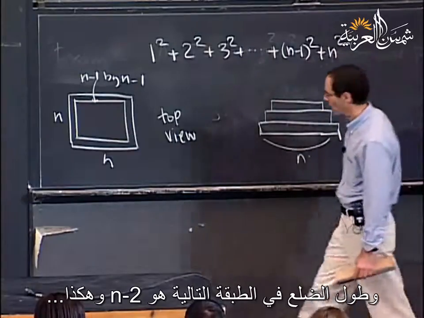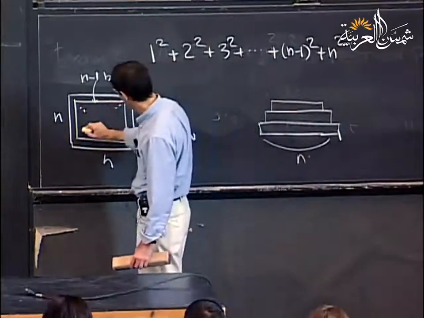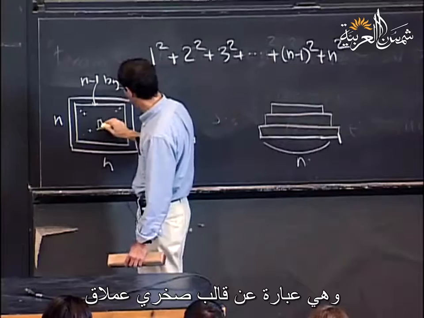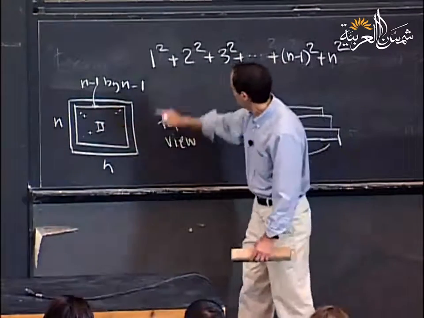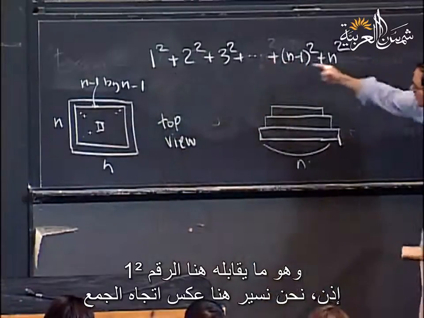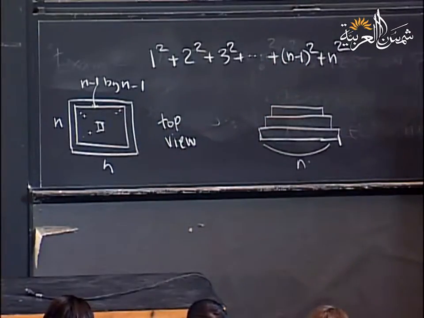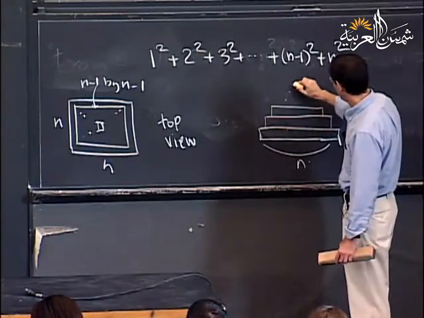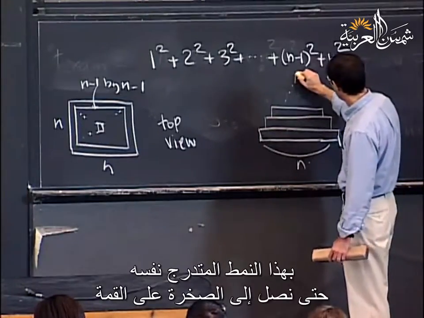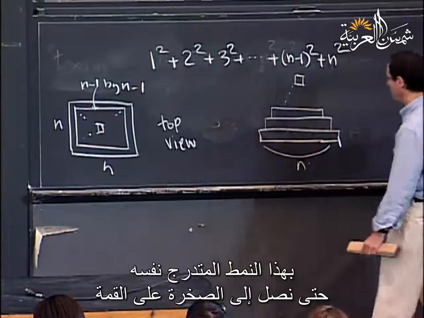And we're going to pile them up all the way to the top, which is just one giant block of stone. And that's this last one, 1 squared. So we're going backwards in the sum. And so I have to build this whole thing up, and I get all the way up in this staircase pattern to this top block up there.